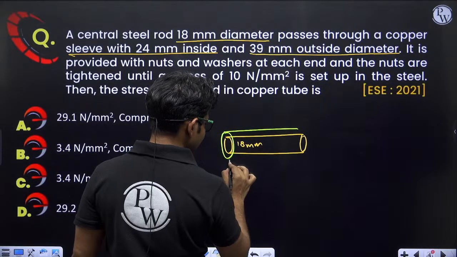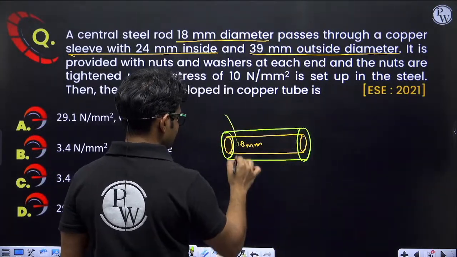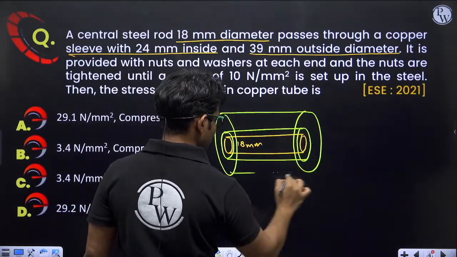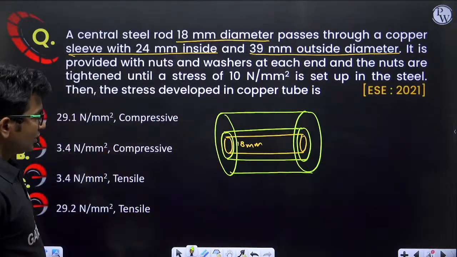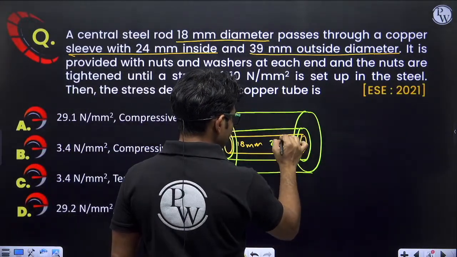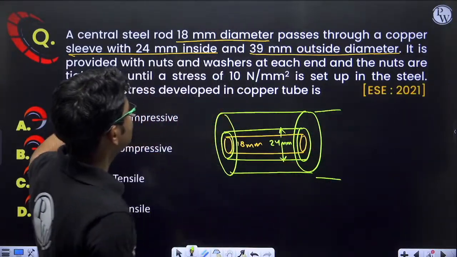So the copper sleeve is like this. The inside diameter of the copper sleeve is 24 mm, and the outside diameter is 39 mm.